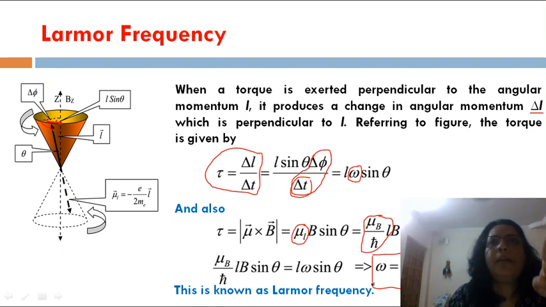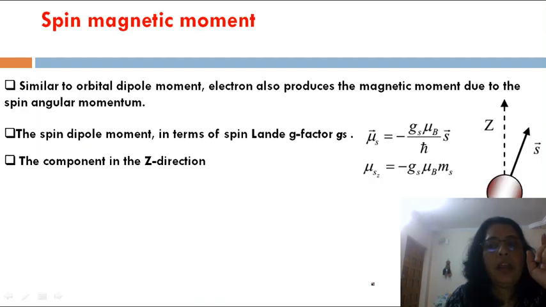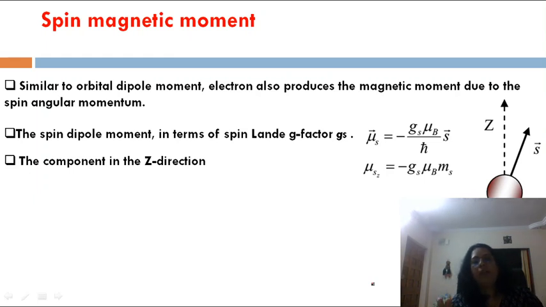So what we understood about the orbital motion under the effect of a magnetic field, either intrinsic or extrinsic, is that the orbital angular momentum is getting changed. In the same way, analogous to this, the spin angular momentum is also getting changed.